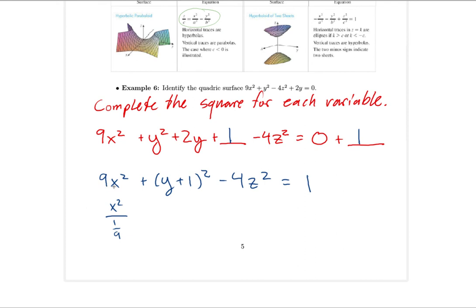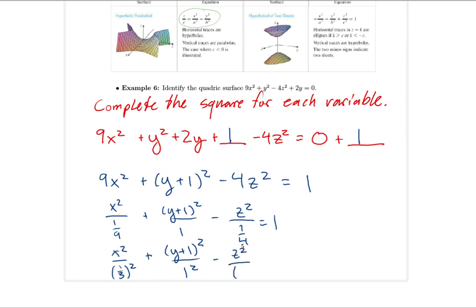That's the same as 9x squared, plus (y plus 1) squared over 1, minus z squared over 1/4. And then furthermore, you could say this is x squared over (1/3) squared, (y plus 1) squared over 1 squared, and z squared over (1/2) squared equals 1. And so then there's your a squared, your b squared, and your c squared.